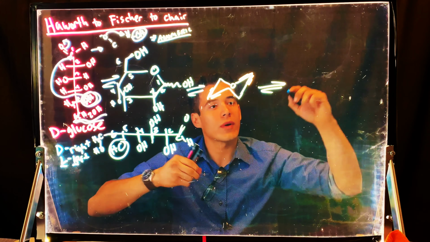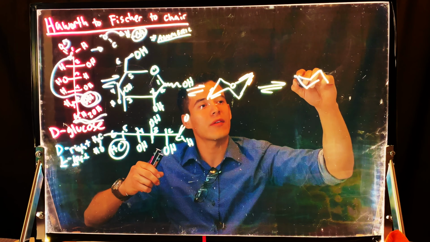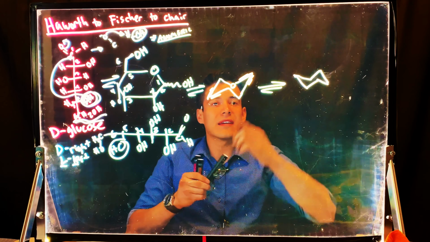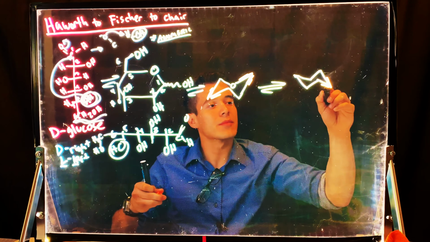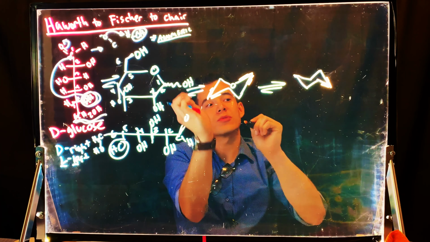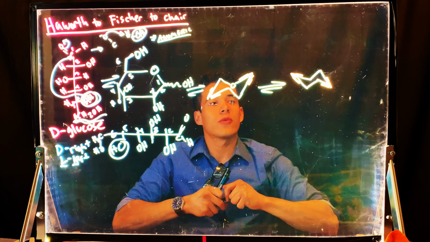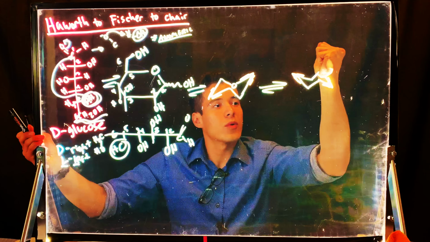So now, when I flip the chair, we can keep track of everything and see where everything went, okay? So if this group was pulled downwards, that's going to be right here. And if this group was pushed upwards, that's going to be this group right there. So now let's go ahead and try to figure out where that O went. Where's that O?